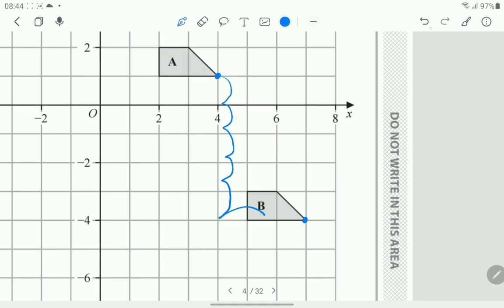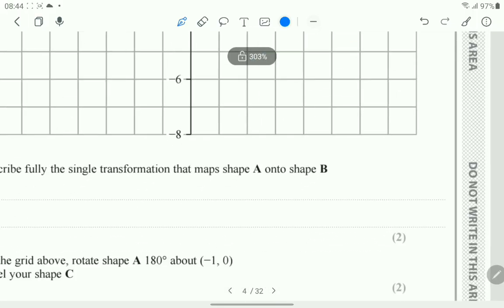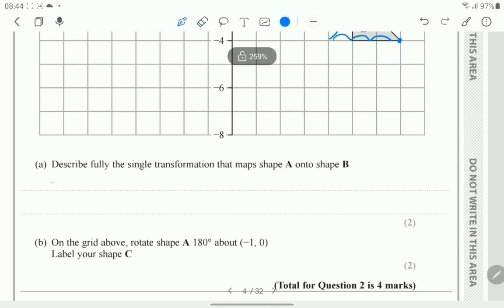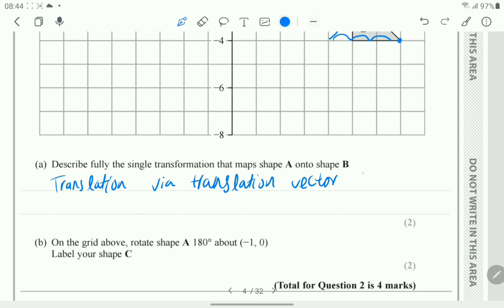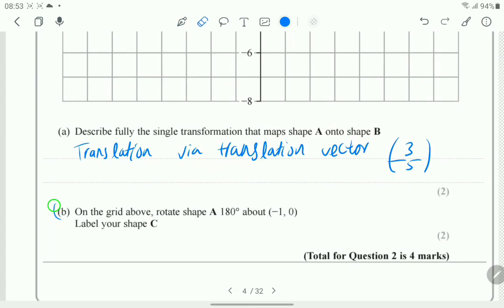Oh, sorry, it is 1, 2, and 3, so it has moved 3 units right on the x-axis. That's a +3. So the transformation would be a translation via translation vector (3, -5). Moving on.